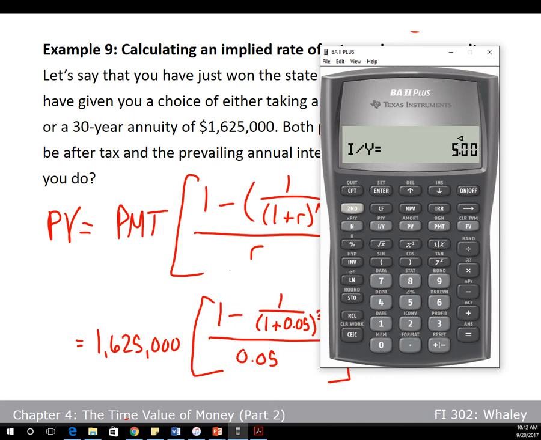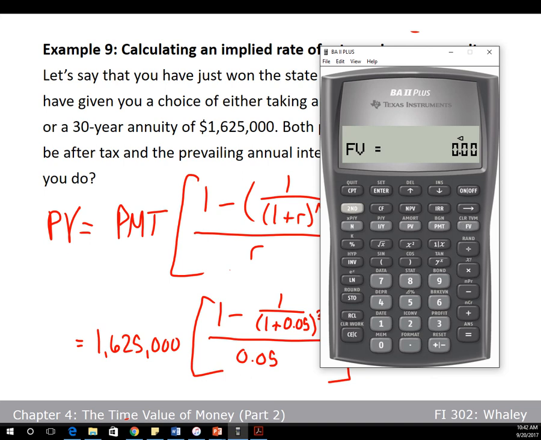Present value, that's what we're trying to figure out. The payment, 1,625,000. We leave it as a positive number because it's a cash flow to us. And then the future value of this annuity, how much is going to be left in the annuity at the end of the 30 years? Well, after 30 payments, the lottery owes you nothing. So future value is 0.